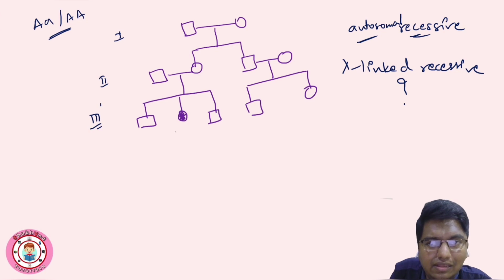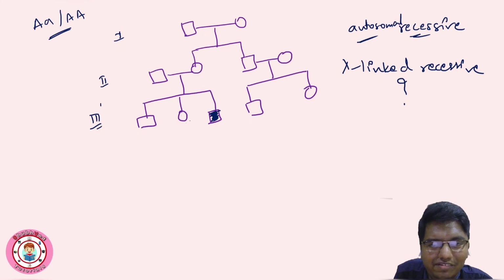So first of all, why is this not X-linked recessive? Because we know X-linked is crisscross. Suppose this is a daughter, because I have drawn a circle here. A daughter must be affected by the father, so the father must be affected here in recessive, right? But that is not the case. If this were X-linked, then the father should be affected, but he is not. Thus, this is autosomal recessive. This is how we can analyze.